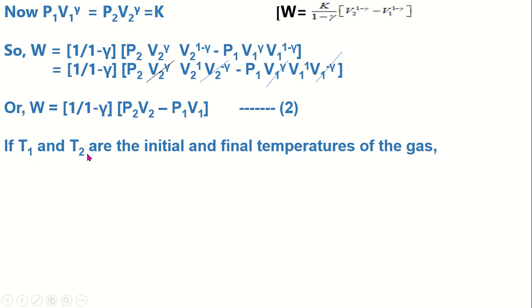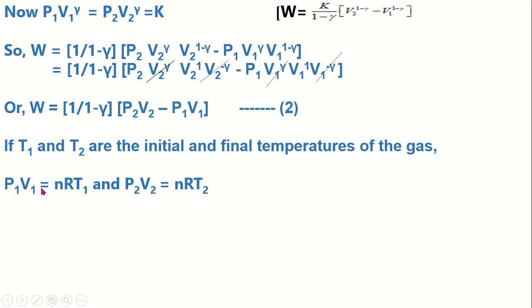If T1 and T2 are the initial and final temperature of the gas, you know in adiabatic process, temperature doesn't remain constant, but in isothermal process you have seen that temperature remains constant. So here, if the initial temperature is T1 then final temperature will be T2. So we can write P1 V1 equal to nRT1 and P2 V2 equal to nRT2, because PV equal to nRT, that is the ideal gas equation, you know it.